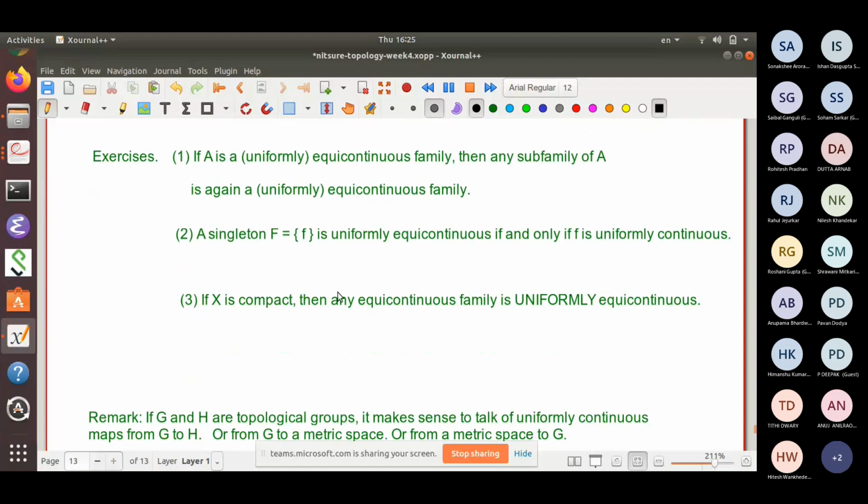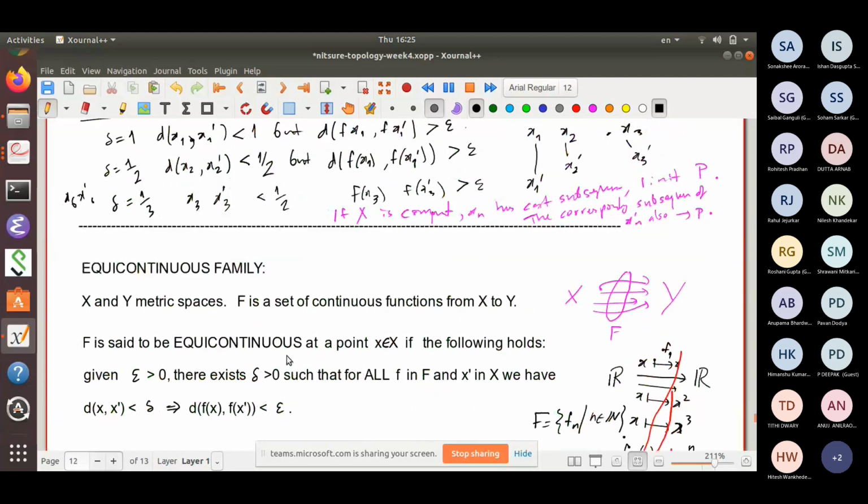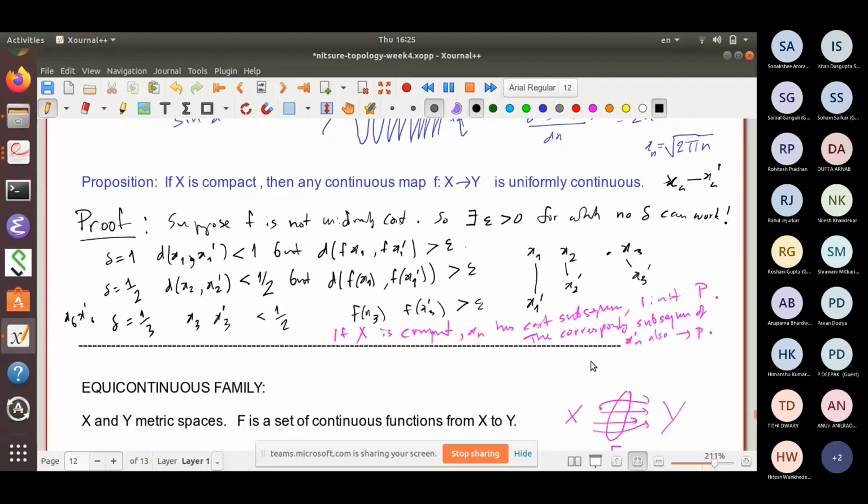Now, if X is compact, then any equicontinuous family is uniformly equicontinuous. I want you to do this exercise. Does it remind you of an earlier exercise? The earlier exercise for which I showed this picture of how I have one converging sequence and the other sequence all the time getting closer to it. So the other also converges to the same point, and therefore the successive members of the two sequences come closer and closer.